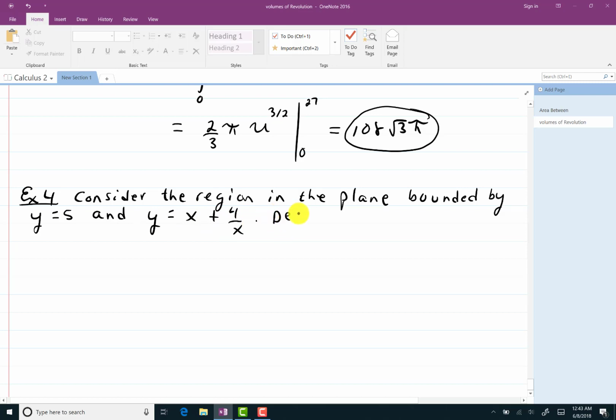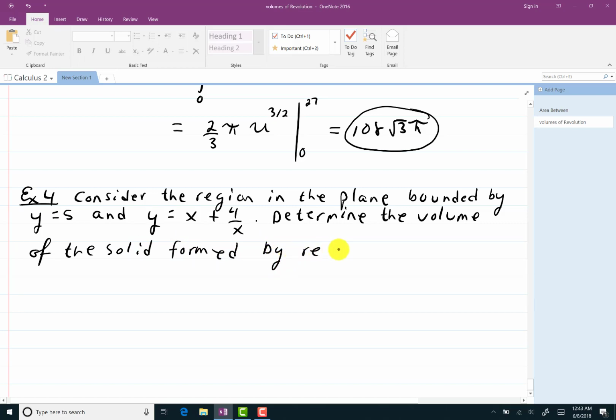Determine the volume of the solid formed by revolving the region about the line x equals negative 1.